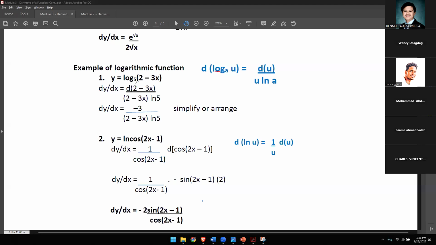So derivative of your u, which is 2 minus 3x, over u is 2 minus 3x, and then ln is ln, and then a is 5. And then the derivative of 2 minus 3x is negative 3. And then you do not touch the denominator. This one is already your final answer.